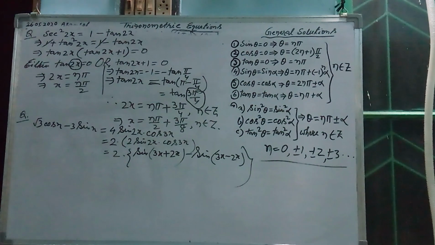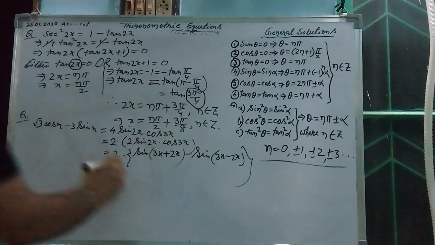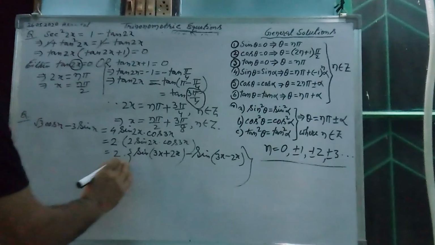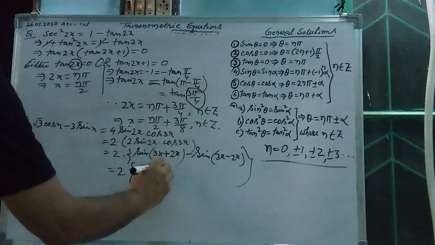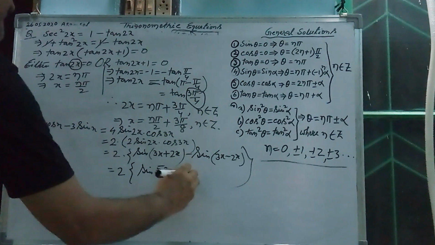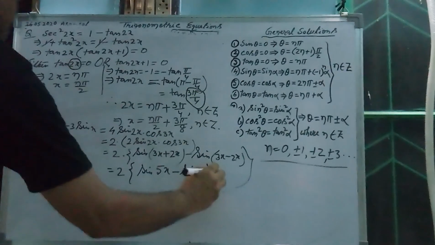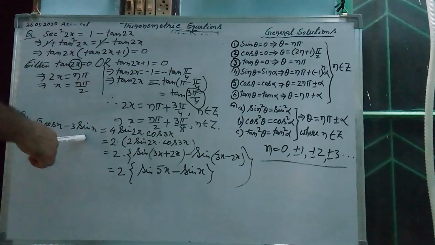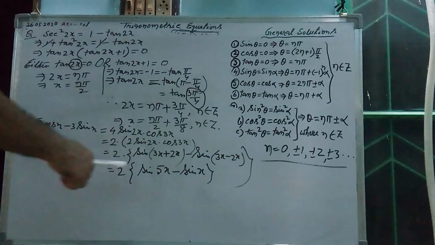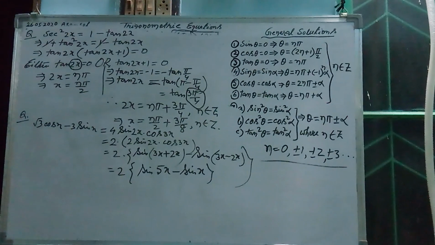So we will get this equal to 2 into sin 5x minus sin x. So what we got? Root 3 cos x minus 3 sin x is equal to 2 into sin 5x minus sin x.